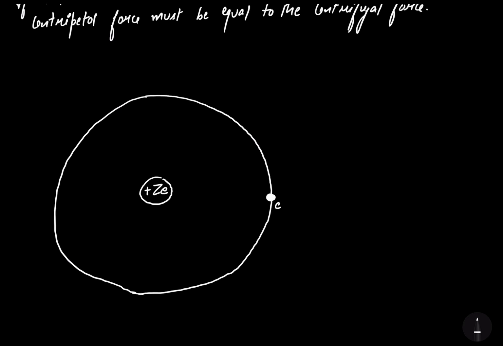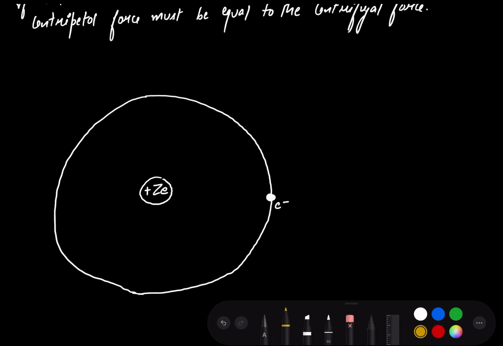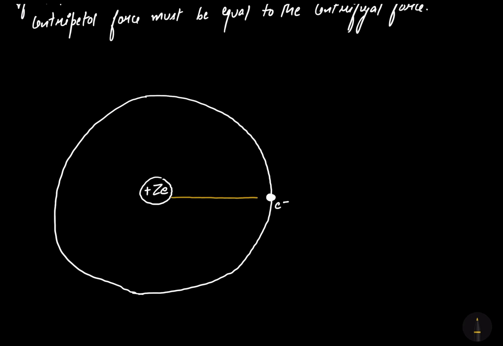That's my electron with a negative charge. Now there will be two forces acting on the electron. That is my Fa, or you can write centripetal force. As the electron is a negative charge and the nucleus is a positive charge, these are opposite charges, so there will be attraction. That's why I have taken the word Fa, where small a stands for attraction.